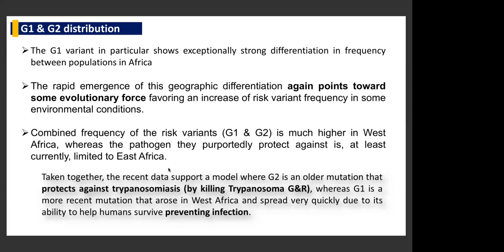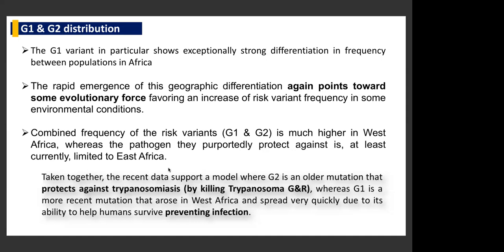The G2 will kill the pathogen, the trypanosoma, when it enters the human being, but the G1 prevents the trypanosoma from entering the human being. So the G1 frequency is increasing very drastically compared to G2 in West Africa compared to East Africa.